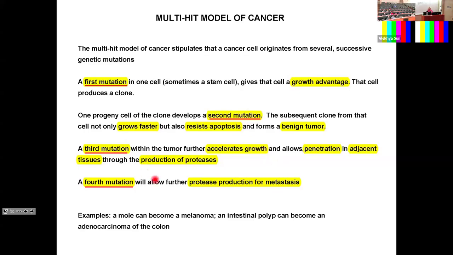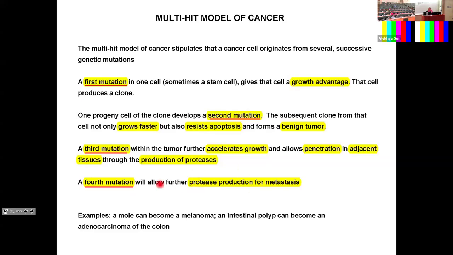Then you have a third mutation that accelerates growth, penetrates adjacent tissues, and also starts producing proteases. The proteases, for those who don't know, are proteins that have activity to cleave other proteins, right? So proteases are enzymes. Then the fourth mutation will definitely produce more proteases and metastasize.